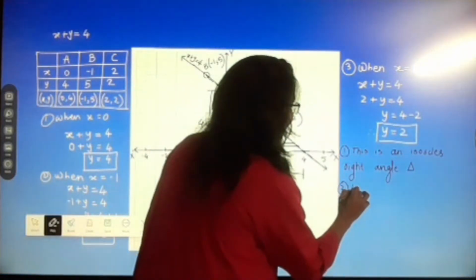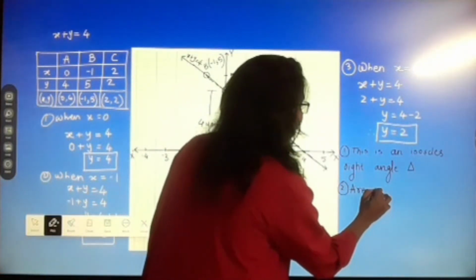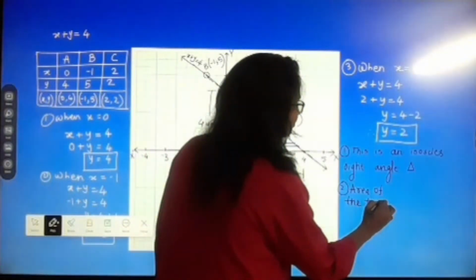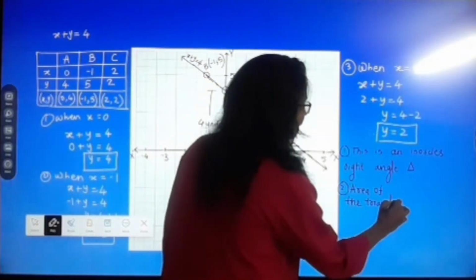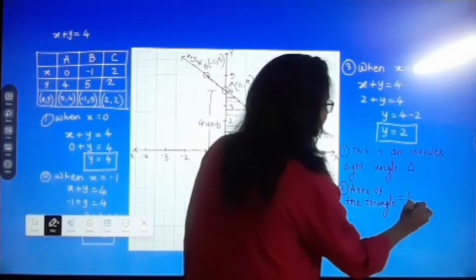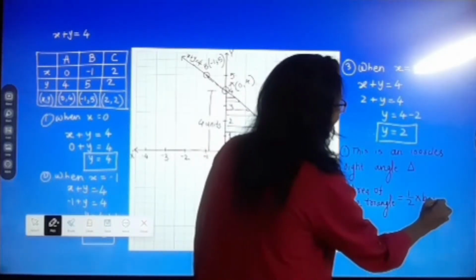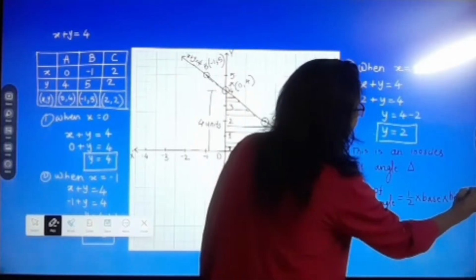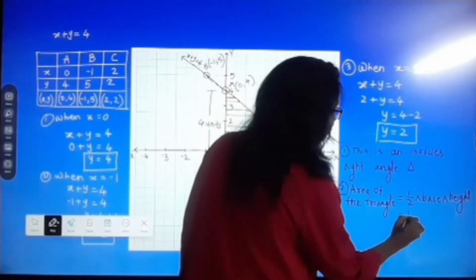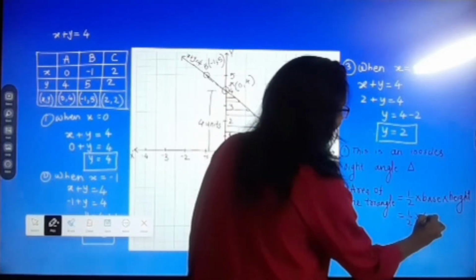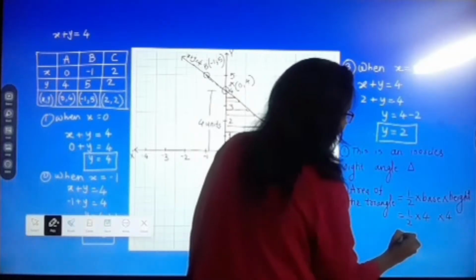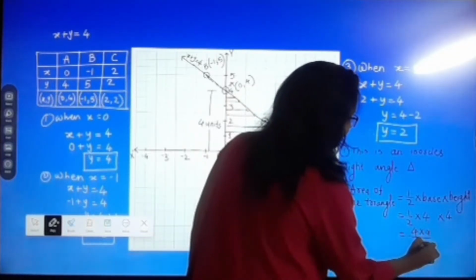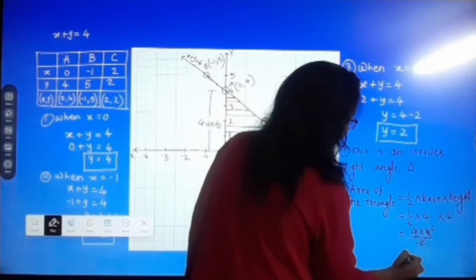So here area of the triangle is equal to half into base into height. Okay, half into base into height. So now here students, 1 upon 2 multiply 4, and that means 4 multiply 4 divided by 2, that means here 8.